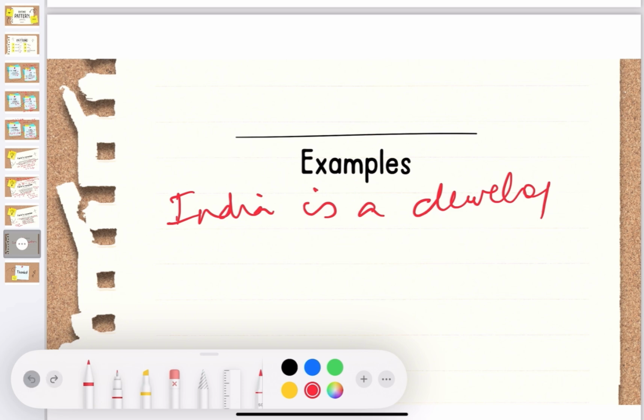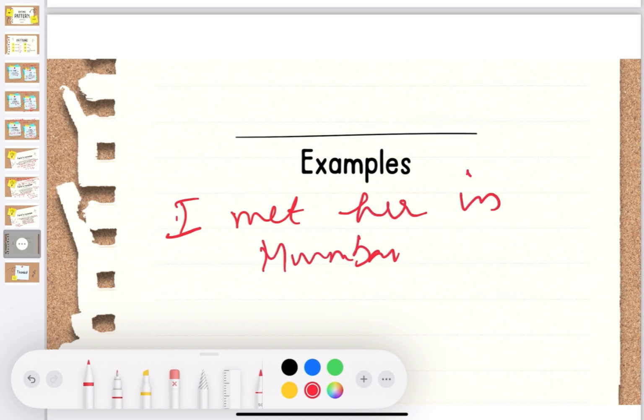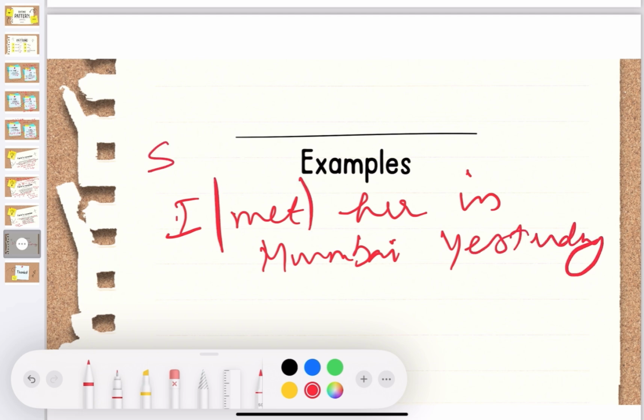So what are the other examples? With this one example, I think we can wind up the session. I met her in Mumbai yesterday. So this would be I, subject, met, verb, her in Mumbai yesterday. What would be the answer?